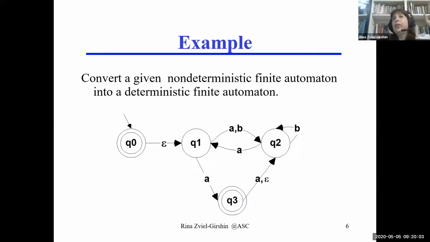I try to get rid of the epsilon and to build the deterministic finite state automaton. So I can't have the epsilon in a DFA? No. In a DFA, you have only states and only one transition from each state with each input letter.